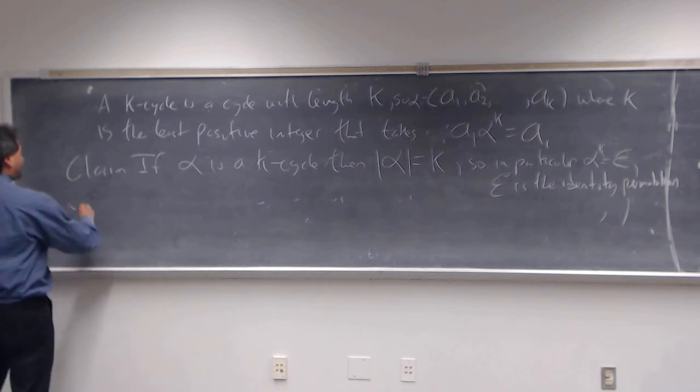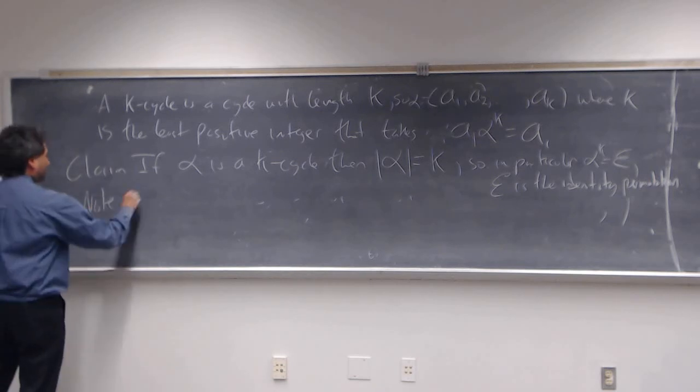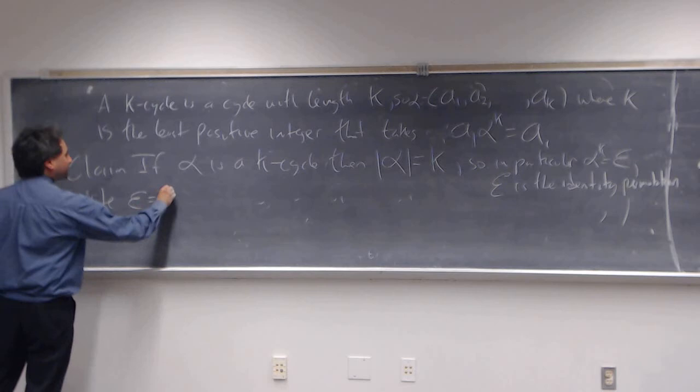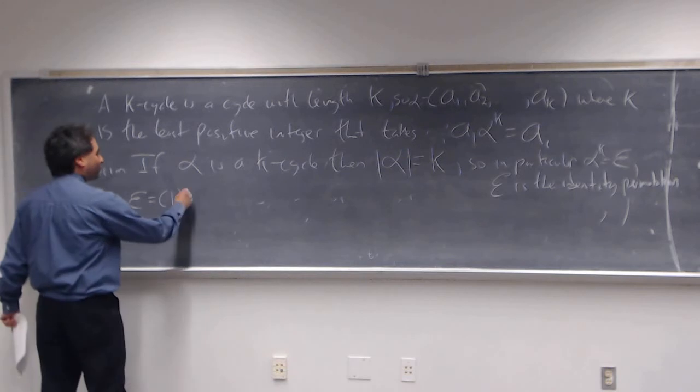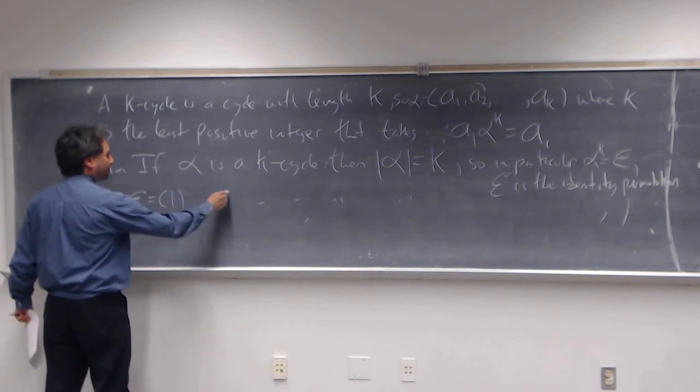Also note just a little thing. Usually for E, we sometimes write E, or sometimes we just write 1. That's the one case where usually we leave out the 1-cycles. But you can think of the identity permutation as a whole product of 1-cycles: 1, 2, 3, 4.